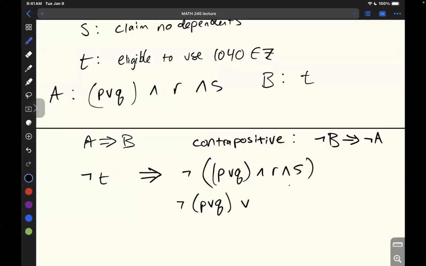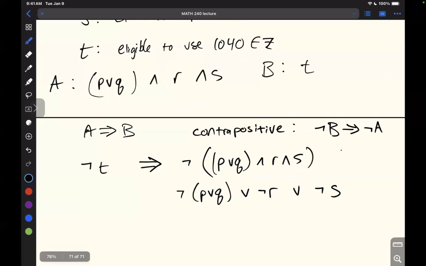If we don't have parentheses, we could distribute it with not R or not S. If we did have parentheses, and R and S, then we would flip it, and this would be not R and S, and we haven't done that distribution yet.